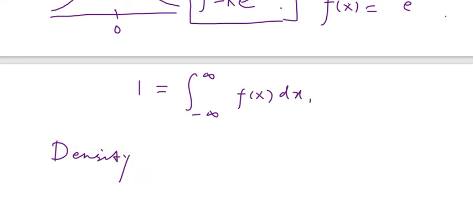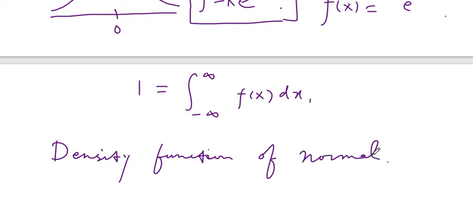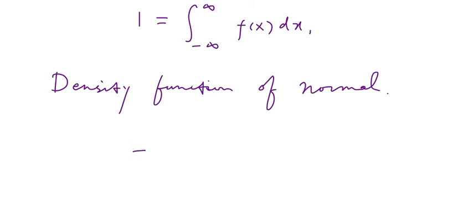The density function of the normal distribution is this: suppose X follows a general normal with mean mu and standard deviation sigma.